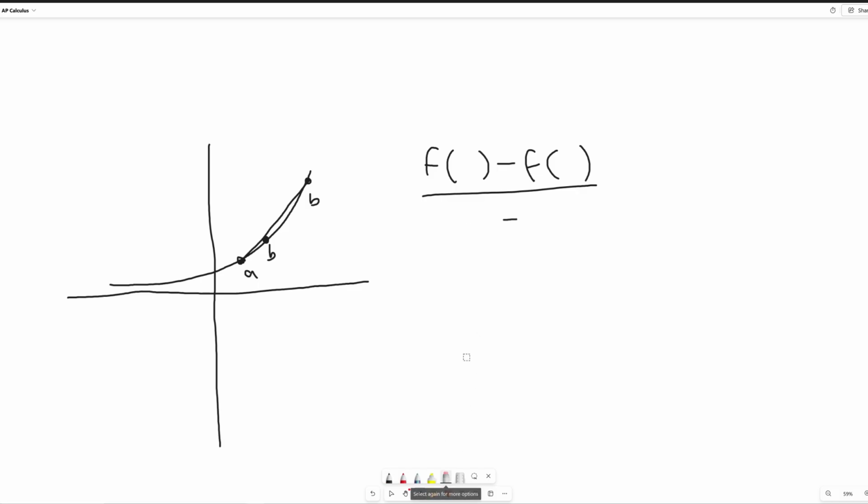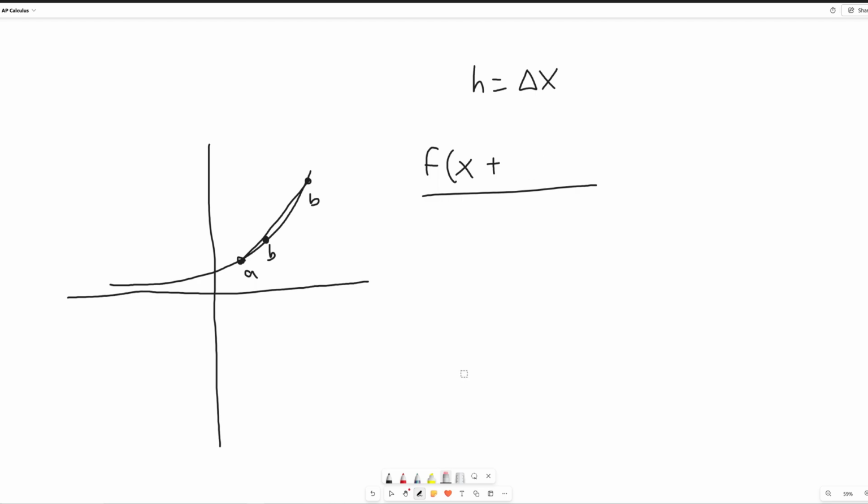So, how we can write this is the average rate of change between 2 points is just f of x, whatever point it is, plus delta x, or we're going to use h equals delta x to make it look a little nicer.